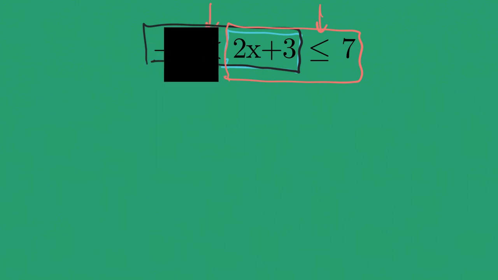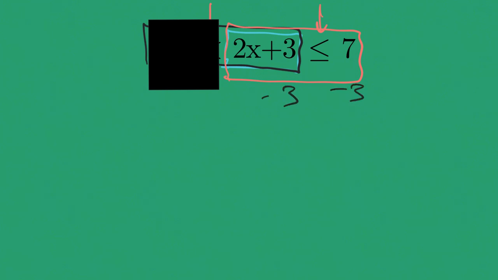Let me cover that up. If you were going to solve this inequality, what would you do first? We'd subtract 3 from both sides. We would subtract 3 from both sides. And that would be 2x is less than or equal to 4.